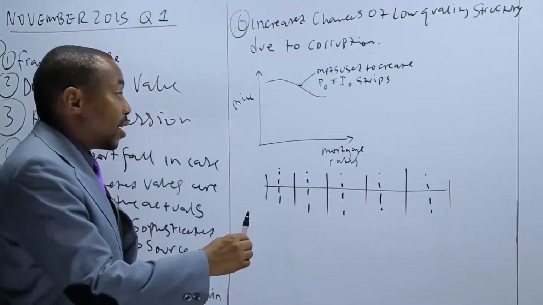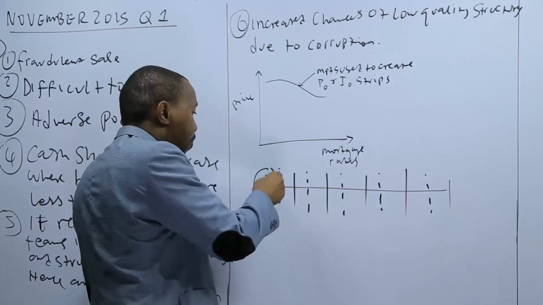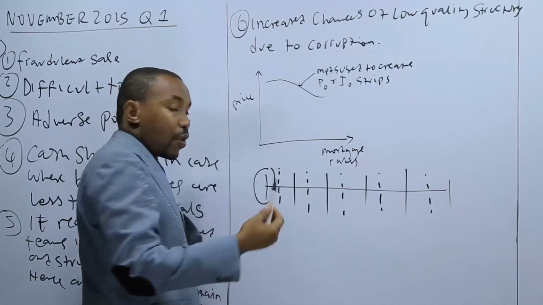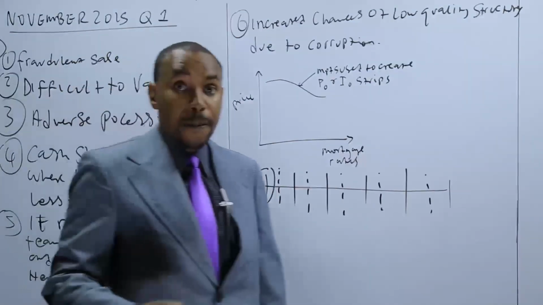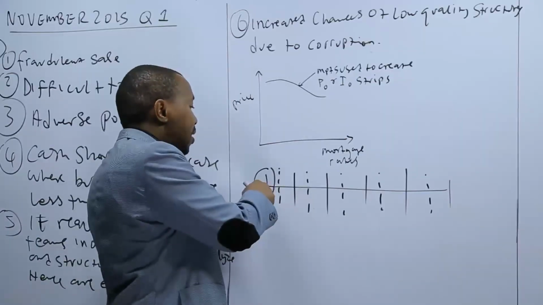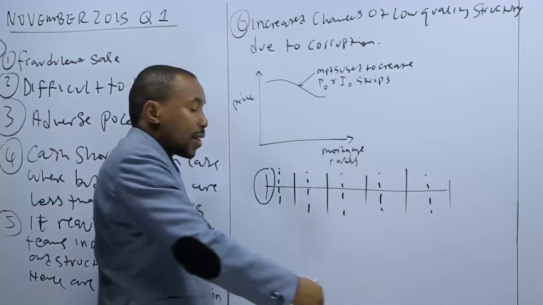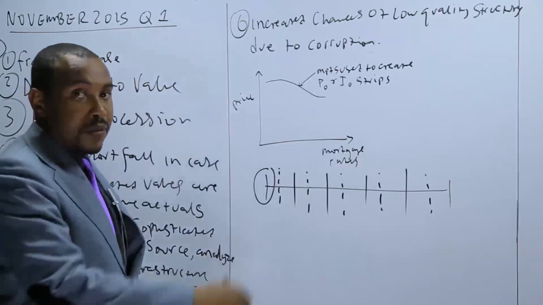So investors in a principal only strip, once they invest in the principal component, or they place, say for example, 1 billion shillings in a principal only investment security, don't receive these interest payments that occur in between the investment period.